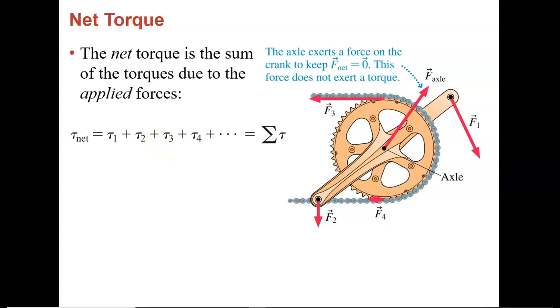I do apologize for my hiccups. The axle exerts a force on the crank to keep a net force of 0. So you could figure out the sums of these. If you knew all the forces and you knew their angles from the lever arm, you could figure out the net torque.